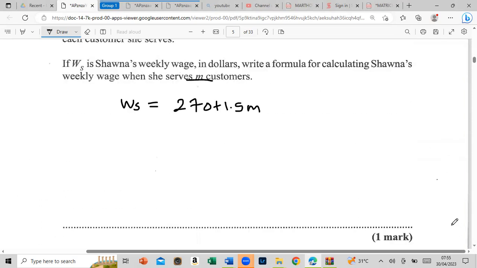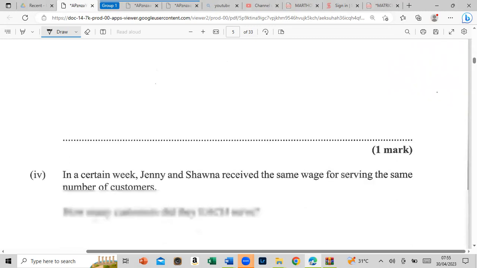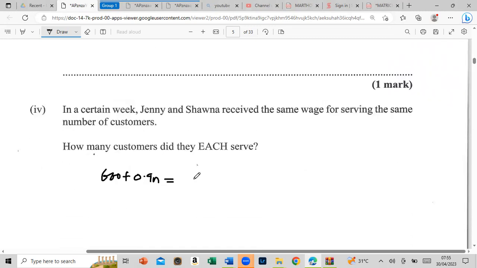Oh, 270 plus 1.5. So I'm going to change the m to n, because they say both salaries are equal. Then I solve for n.